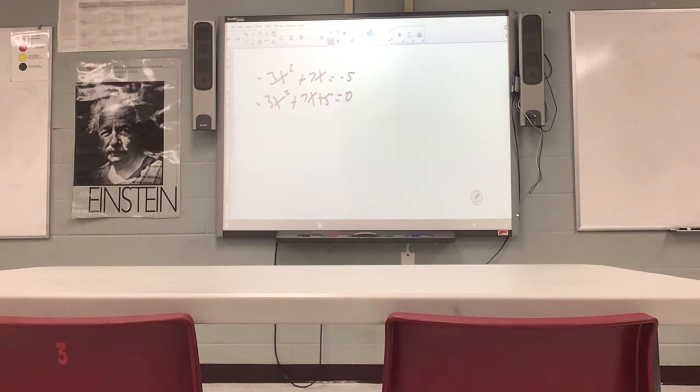My method of choice is always factoring, but if my A is not 1 and I can't take a GCF out to make my A 1, then I'm going to go to the quadratic formula. So I'm just working this how I would tomorrow. In the quadratic formula, my A is -3, my B is 7, and my C is 5. X equals -b plus or minus the square root of b squared minus 4ac all over 2a.